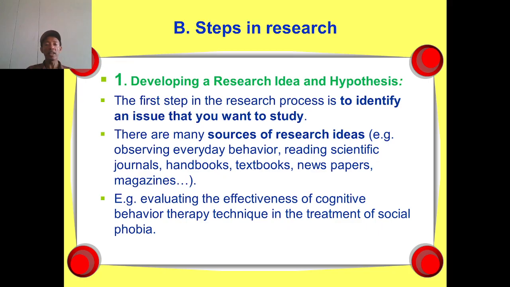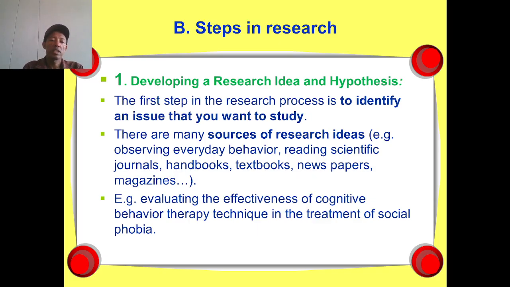So where do researchers get their hypothesis, their first research ideas? They get them from sources such as observing everyday behavior, people's behavior in their community, reading scientific journals, handbooks, textbooks, newspapers, magazines, or simply watching videos and films. So researchers can derive hypotheses from watching videos, films, television.